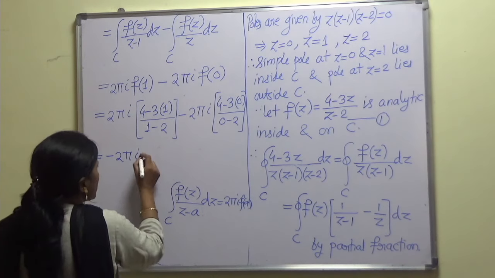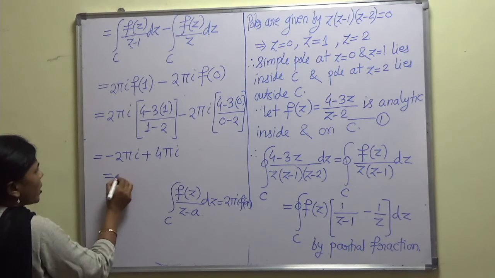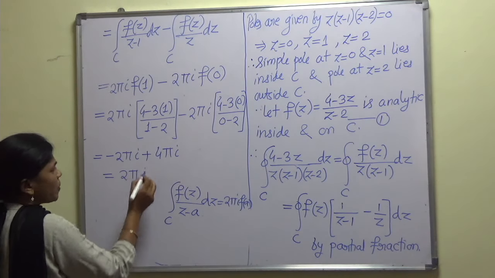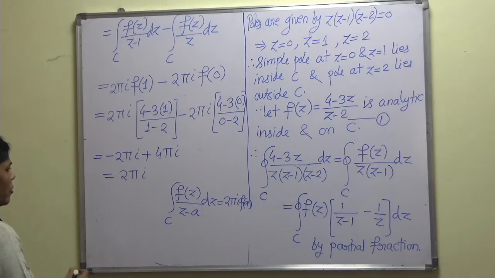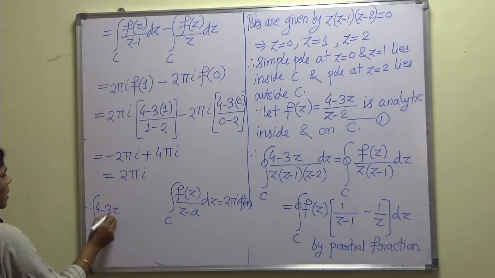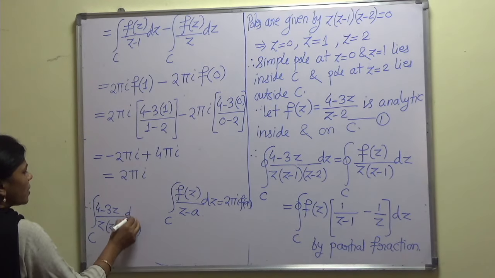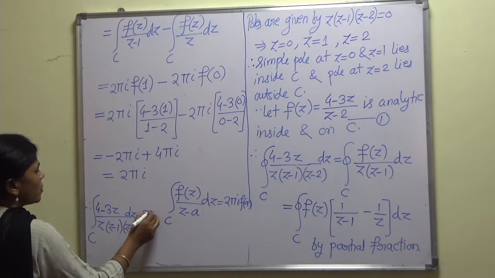Minus 2 into this, so that is 4 pi I. So finally we get 2 pi I. Therefore, integration over c of 4 minus 3z upon z into z minus 1 into z minus 2 is equal to 2 pi I.